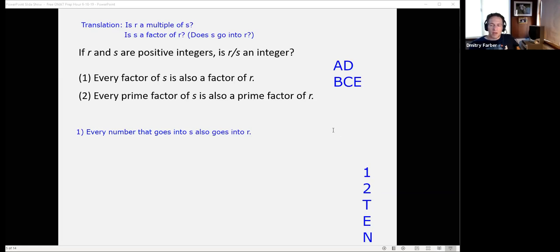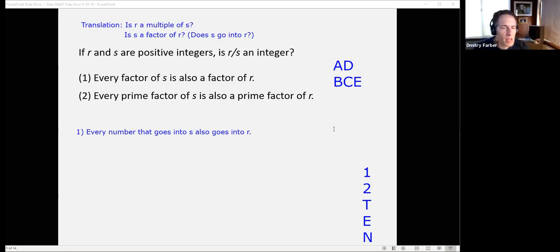Not necessarily. Ramona, why not? What else could be happening? But how could R have more if every number that goes into S also goes into R? How would that work? Can you give me an example?